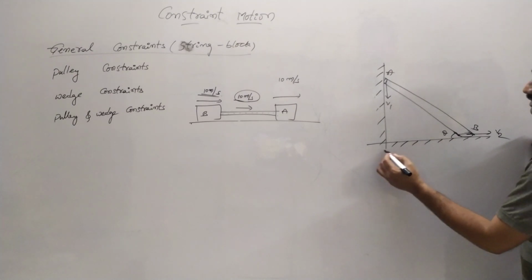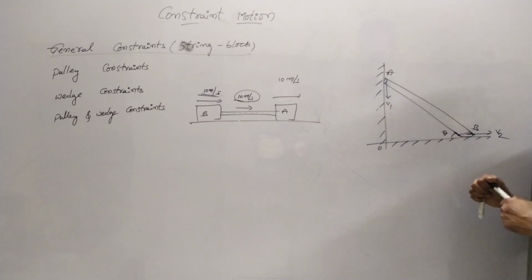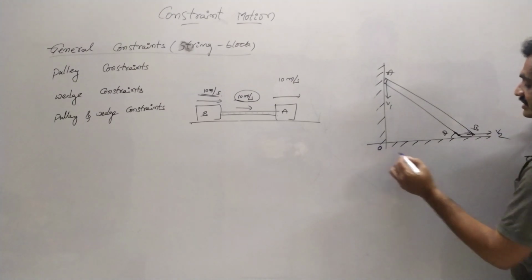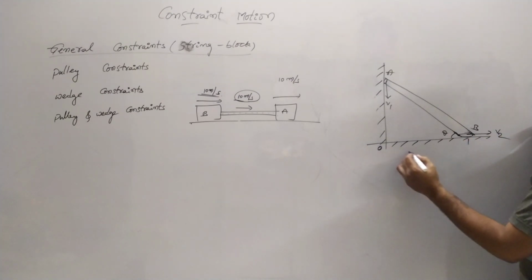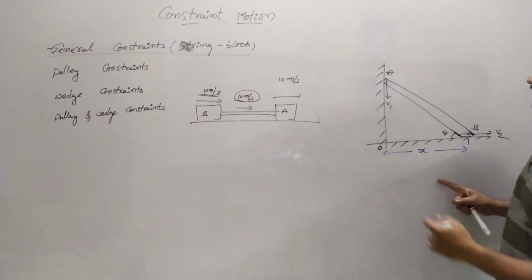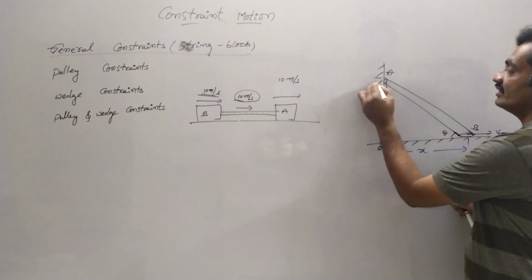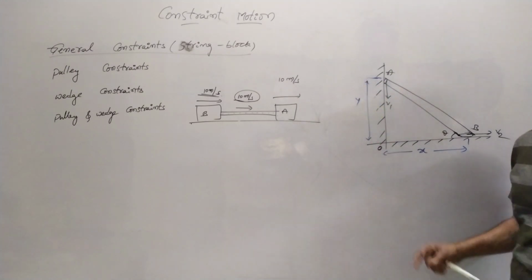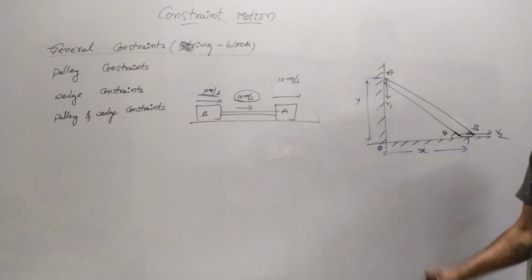If we consider this point as origin, up to point B we can represent the displacement as x. And if we consider this extent as y, the initial displacement is y.